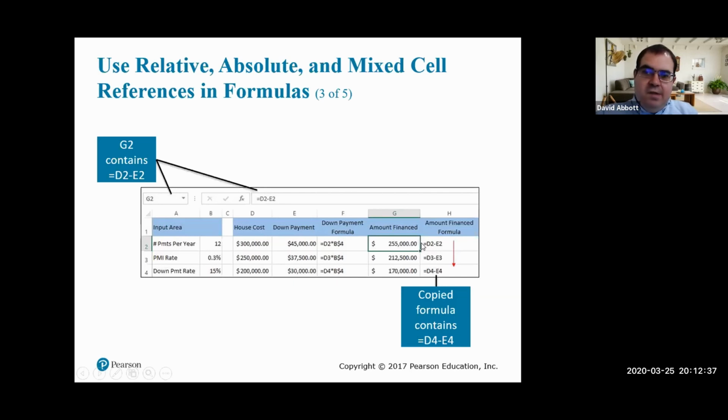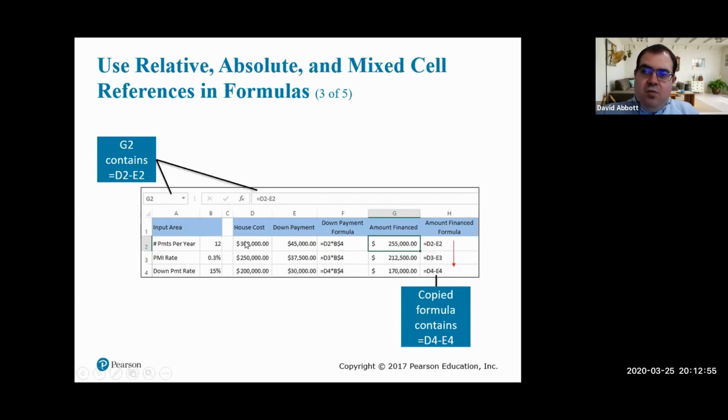And so we see here, for example, we're figuring out the amount financed for a house. And so we have the house cost $300,000. We're going to go ahead and put down $45,000.